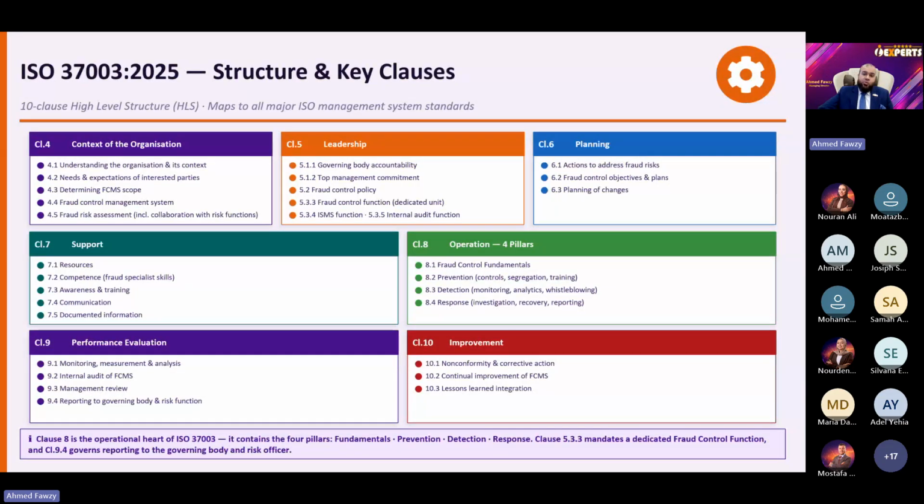And we recommend, according to ISO 37003, to have a dedicated unit, dedicated center, dedicated department, dedicated team that will work inside your organization just for the fraud control function. We call it the fraud control function.